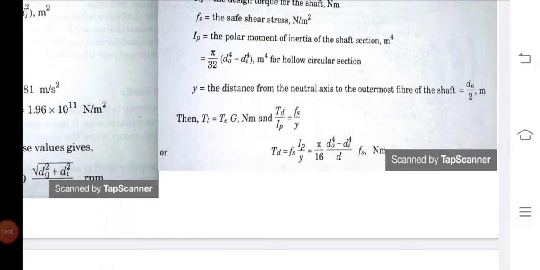TD is equal to Fs into IP by Y, that is also equal to pi by 16 (outer diameter to the power 4 minus inner diameter to the power 4) by D, into Fs Newton meter. That is the formula, and TD equals TT into factor of safety.